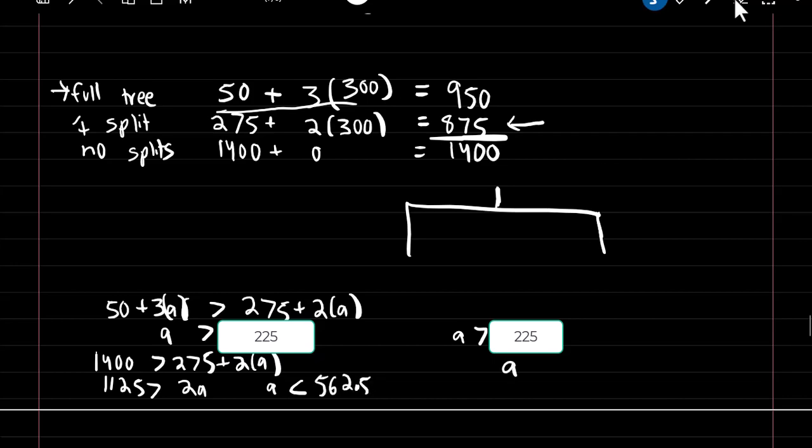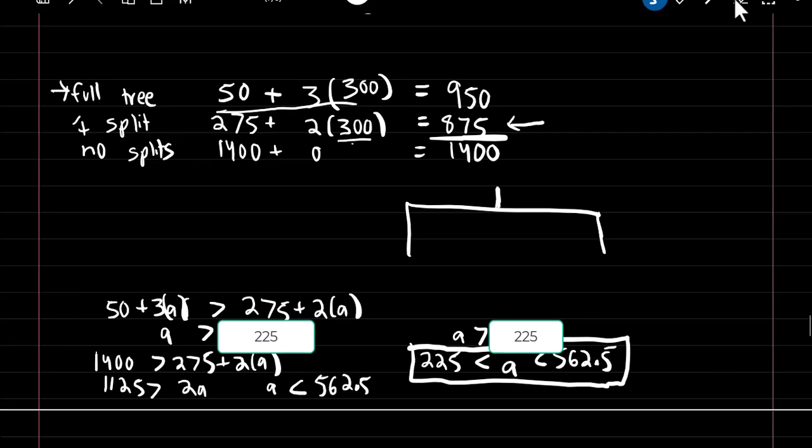So finally, we can say that a is between 225 and 562.5. Any value we pick for a in this range, we would get our exact same model as the one we got when alpha is equal to 300, which is just going to be our decision tree with our one split.